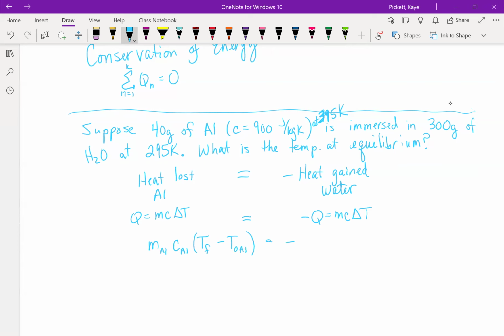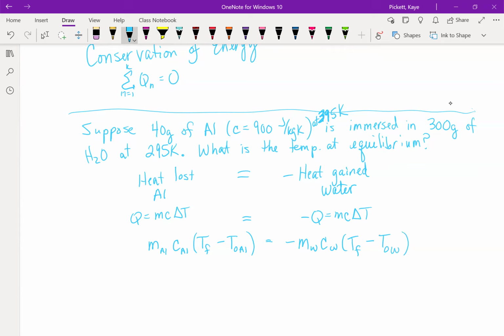That's going to be negative mass of the water, specific heat of the water, times T final. Notice that these two T finals are the same because they've reached equilibrium, minus the T initial of the water.